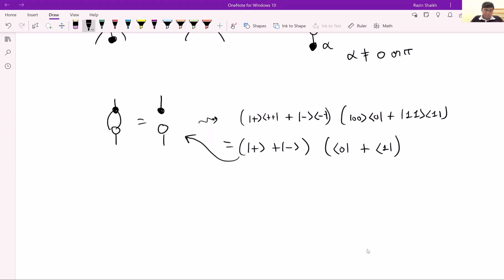So in fact, this is completely general. If you have a spider with many legs that are connected by 2 legs in between, you can always just disconnect them.